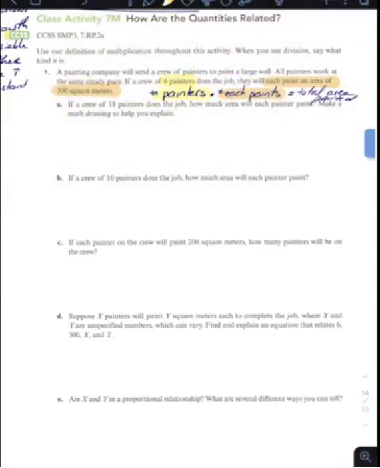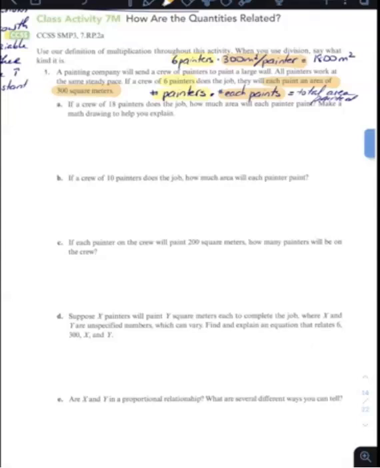And in fact, in this particular case, we know what the total area will be because we have 6 painters times 300 square meters per painter equals 1,800 square meters total.